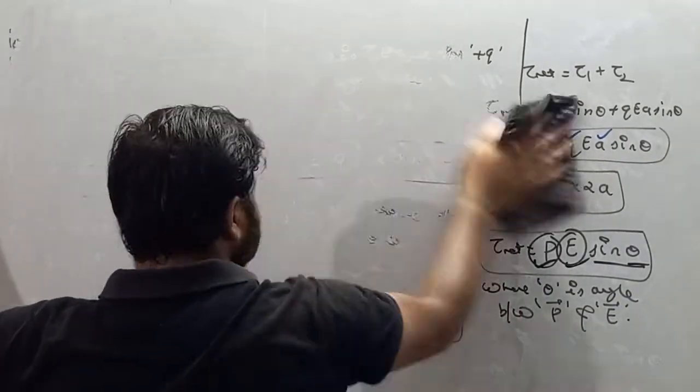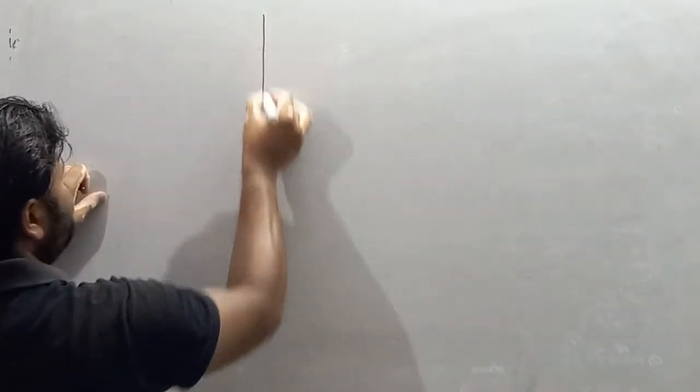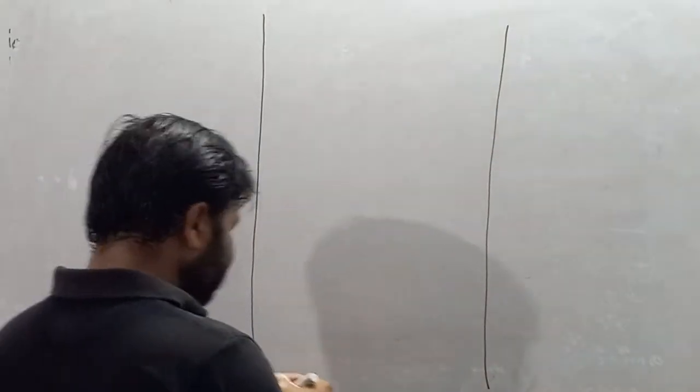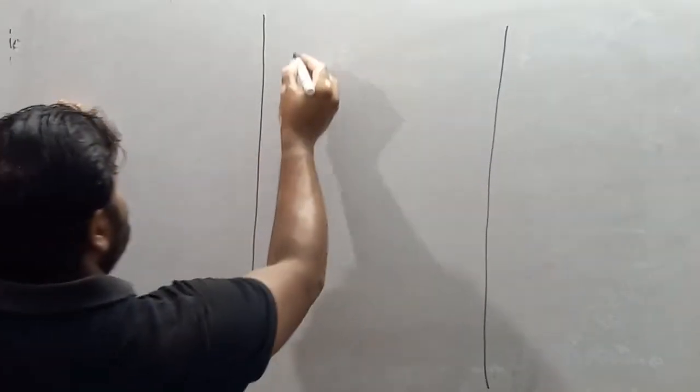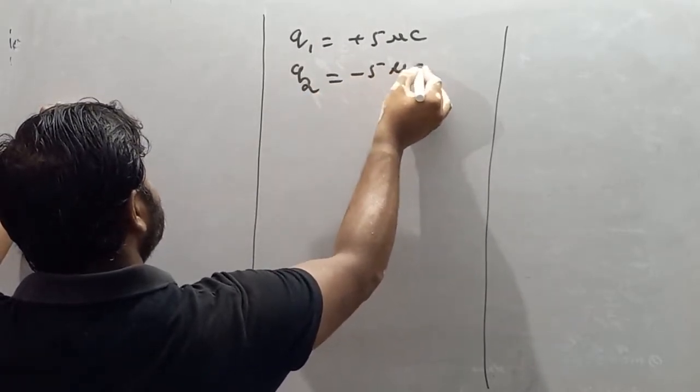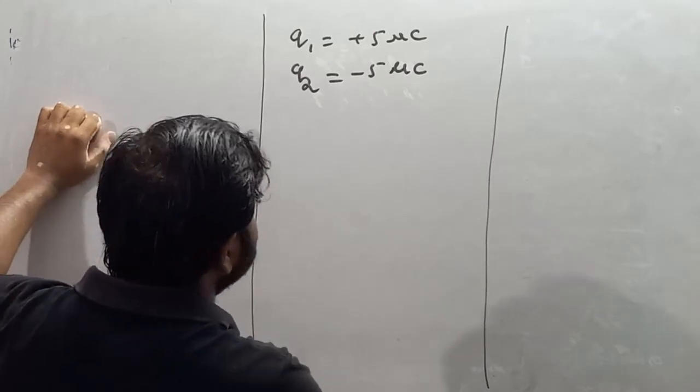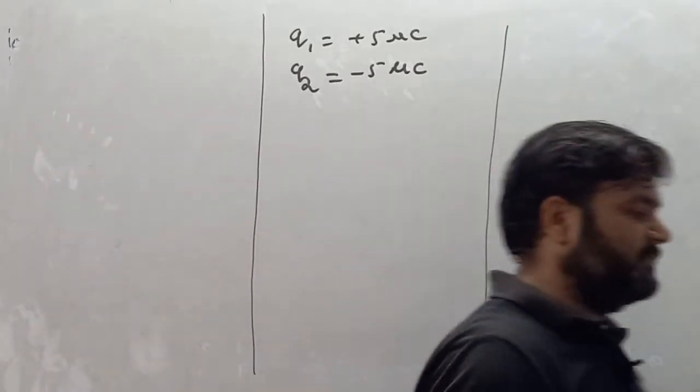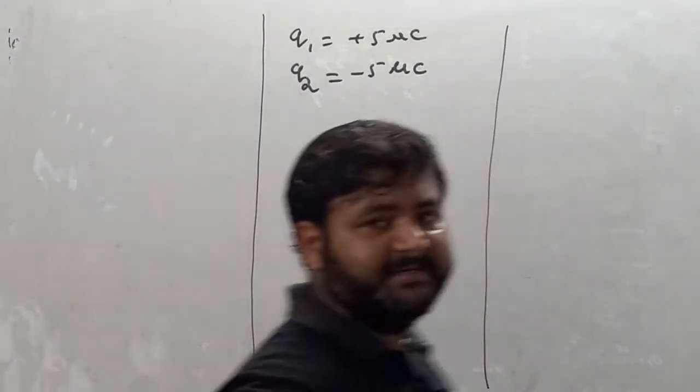Write down two charges plus 5 microcoulomb and another minus 5 microcoulomb are placed 1 mm apart. Find the dipole moment.